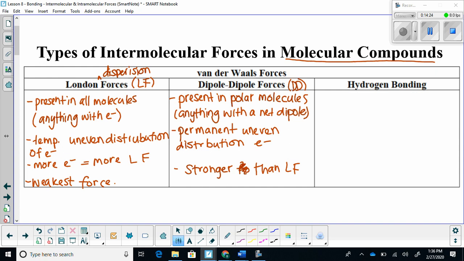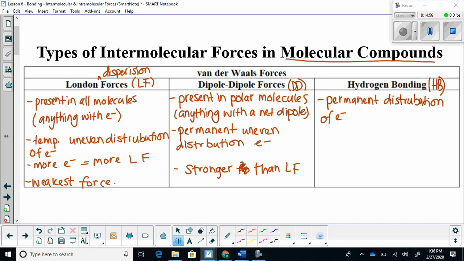The last van der Waals force is called hydrogen bonding. I will refer to it as HB. Again, this is a permanent distribution of electrons. Okay, so now, very specific. Hydrogen bonding only happens if it meets the following requirements.